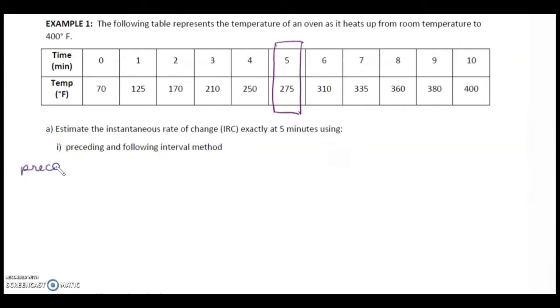So let's go preceding. Preceding would be from 4 to 5, so we're talking about the interval when x is between 4 and 5. Then we're going to find the following interval, which would be 5 to 6.